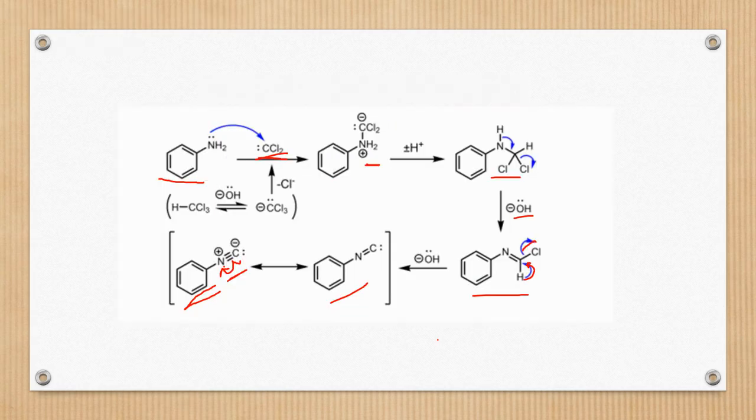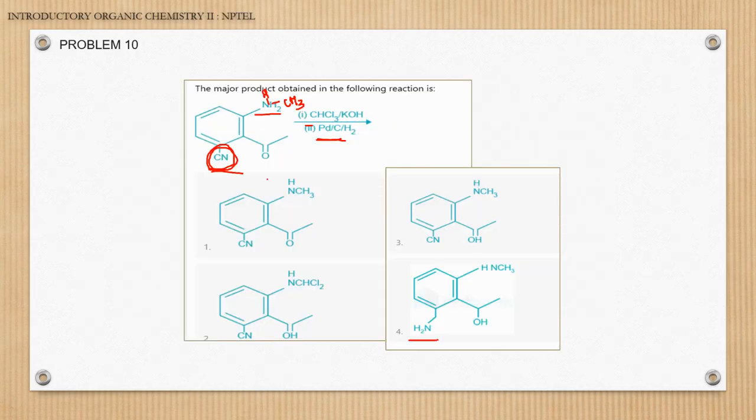So here you will have a reduced function of all these three things, that is the isocyanide, this ketone and this cyanide. So in the first case the carbylamine reaction is taking place to generate this isocyanide at the position of amine. In the second step, hydrogenation is taking place to give you this NHCH3 coming from the isocyanide. This CN is also getting reduced and this ketone is also getting reduced. So ketone is getting reduced to alcohol, and this cyanide is getting reduced to primary amine.